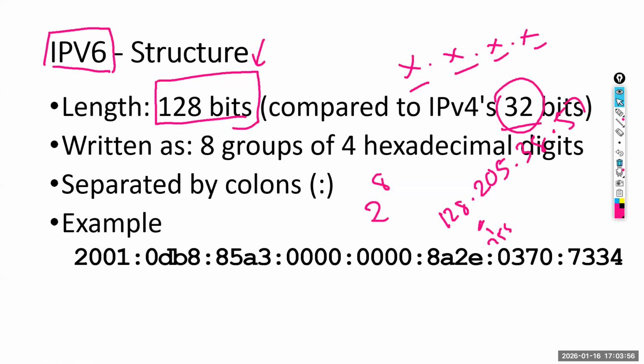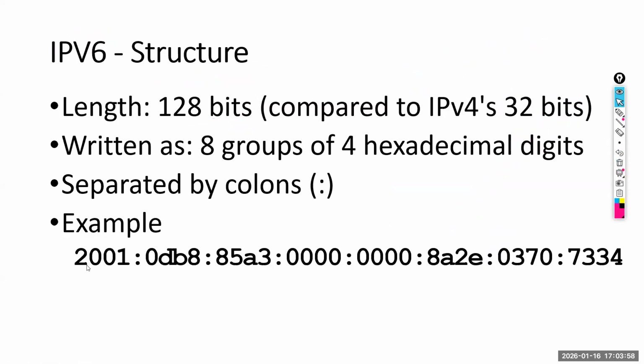The third thing is, in V4, we use base 10 numbers. In V6, we use hexadecimal numbers. That is why you have A, B, C, D, E, F also, here and there. Okay? It's a hexadecimal number. 8 hexadecimal numbers. The smallest hexadecimal number is 0000. The biggest for one part is FFFF. Okay? So these are very simple things, right?